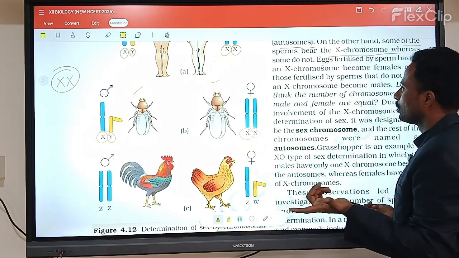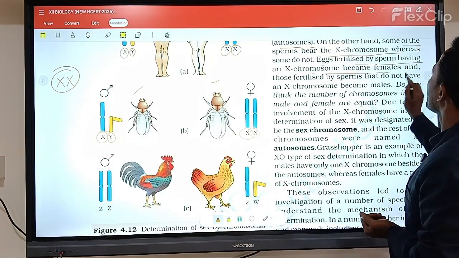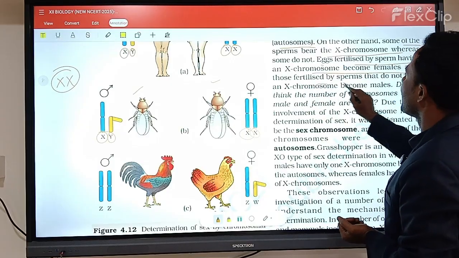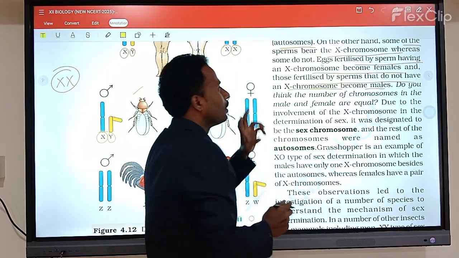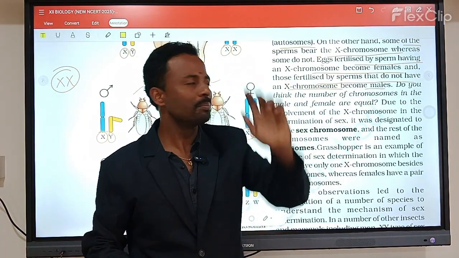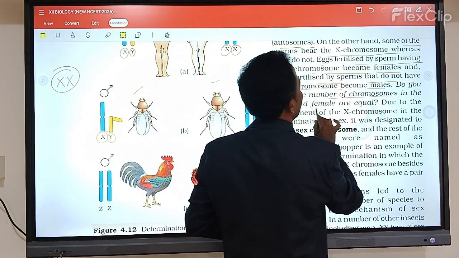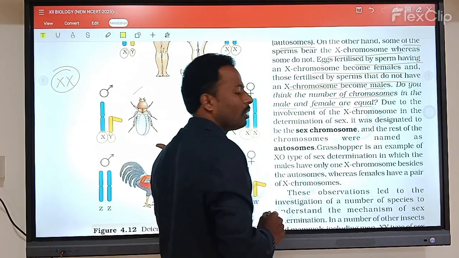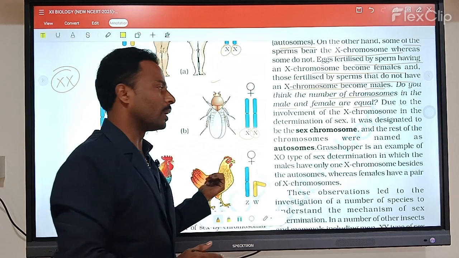We already discussed that. The egg fertilized by a sperm having an X chromosome becomes a female, and the egg fertilized by a sperm that does not have an X chromosome becomes a male. So do you think the number of chromosomes in male and female is equal? XX is present in the female and XY in the male.